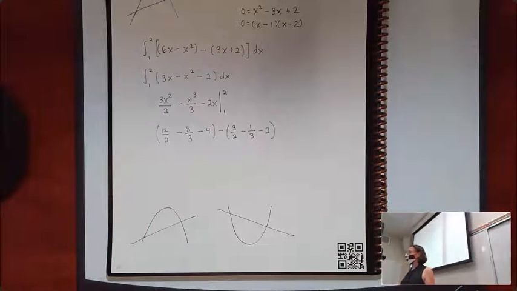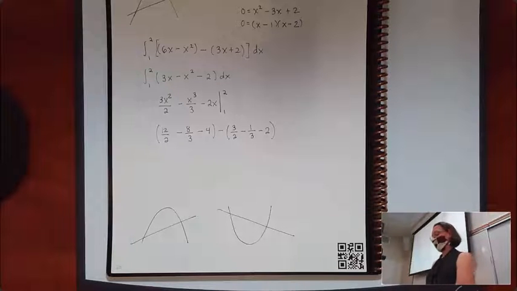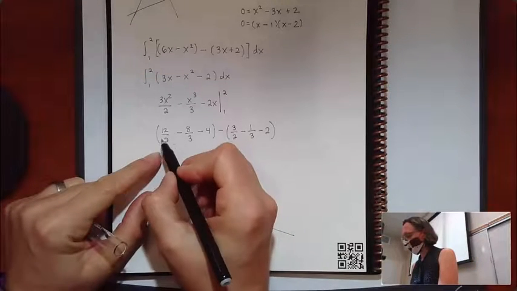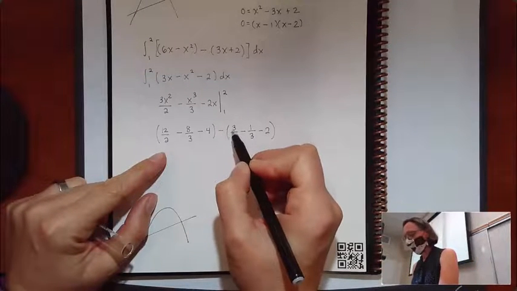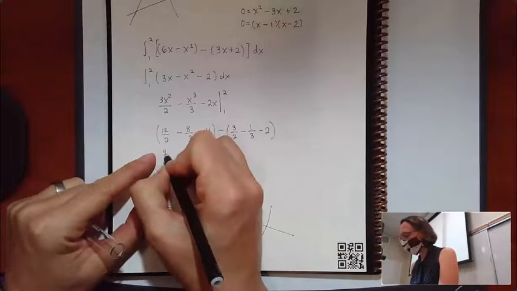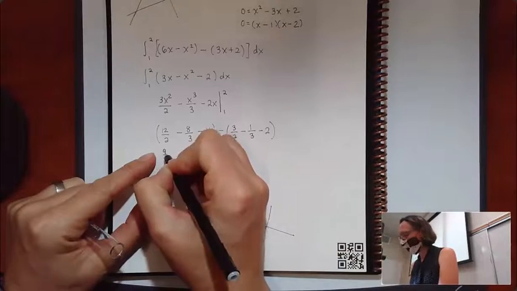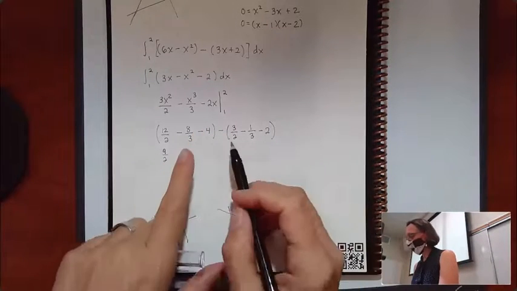Since we're not getting a calculator to play with, it's probably fine to just leave it there and not simplify it. But if you wanted to simplify it, one of my suggestions is to not try to get common denominators across everything, but to group terms that already have a common denominator. So if I take 12 halves minus 3 halves, then that's 9 halves, just kind of grouping things that are already similar-ish.